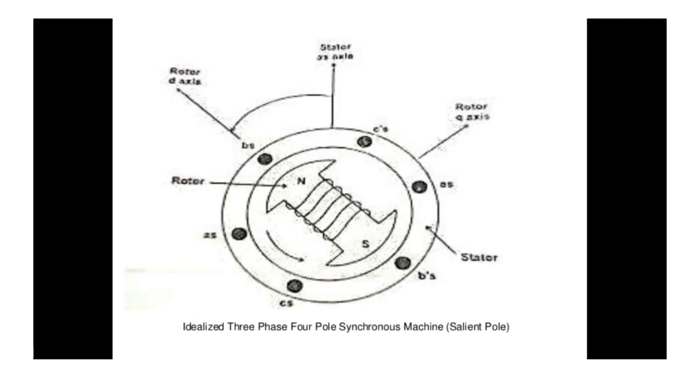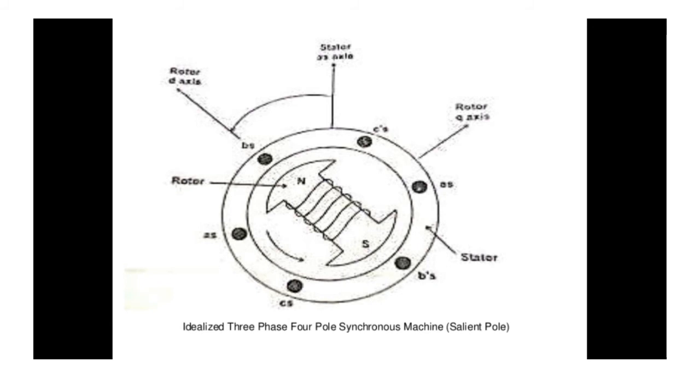This figure shows the construction of the synchronous motor. The stator is made up of silicon steel stampings. Silicon steel is most suitable to manufacture the core of the motor because it has high permeability and a low reluctance path.